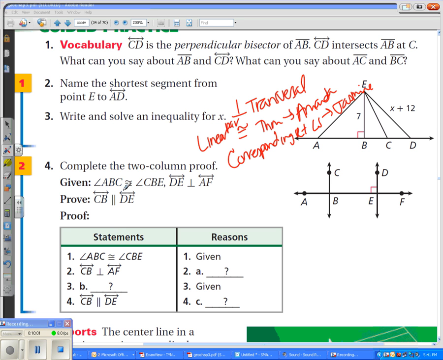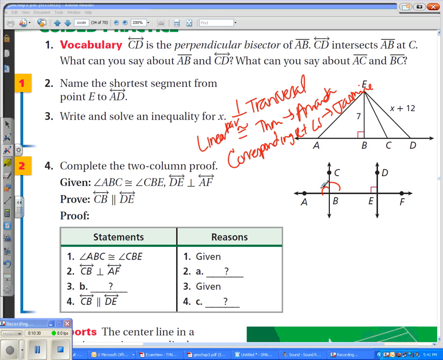Okay, so in this problem it says angle ABC is congruent to angle CBE. And then it says that DE is perpendicular to AF, which is why they have that right angle. And then they want us to prove that CB is going to be parallel, that these two lines are going to be parallel to each other. Okay, so if we start off with the fact that these two angles are congruent to each other, one of these three theorems says that since these two angles are congruent, these lines have to be perpendicular.